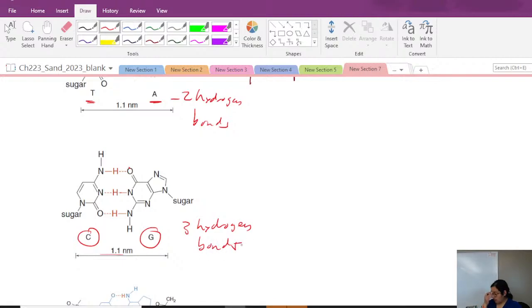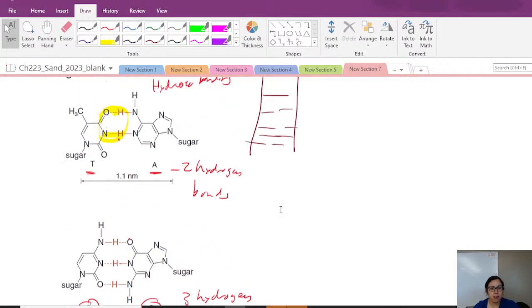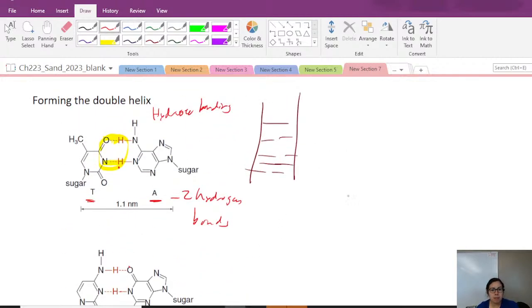Other tricks, so you probably have learned this in the past, but notice A and T always pair together. They have to match because they only have 2 sites each for hydrogen bonding. So that's why they're always used. People use the trick that they're both straight looking, all lines, so they go together.